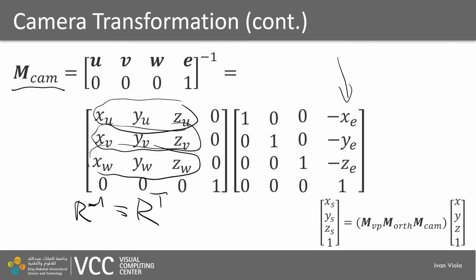And you remember we have had three transformations that form the viewing transformation. So we have learned just now about the camera transformation. Then we have the orthographic projection matrix and the viewport transformation matrix, which at the end give us the screen coordinates of X, Y, and Z.